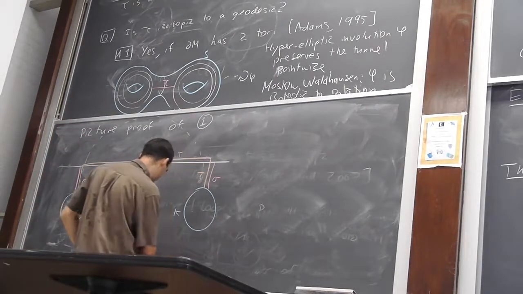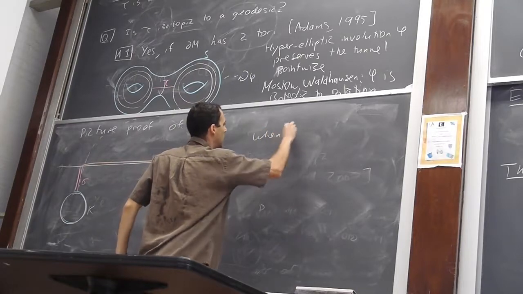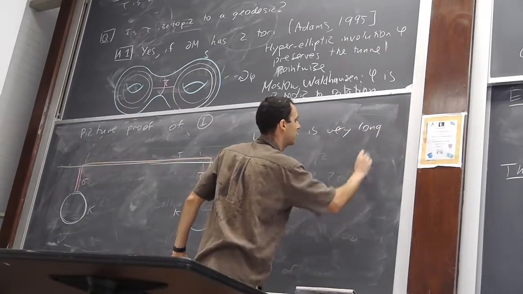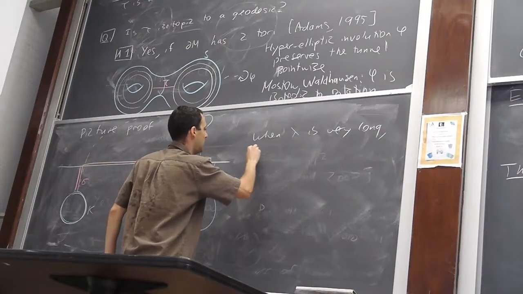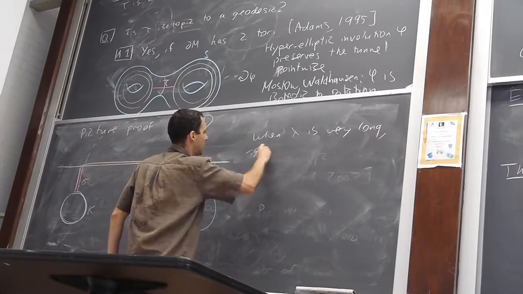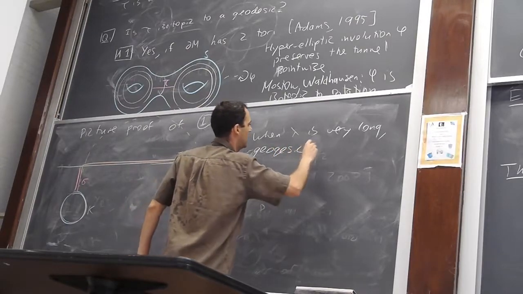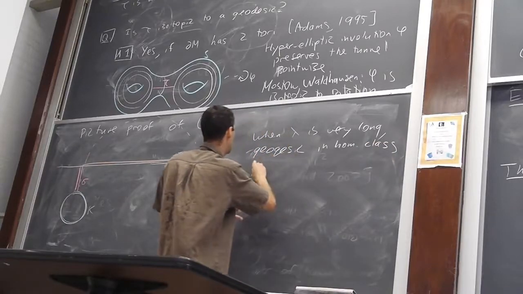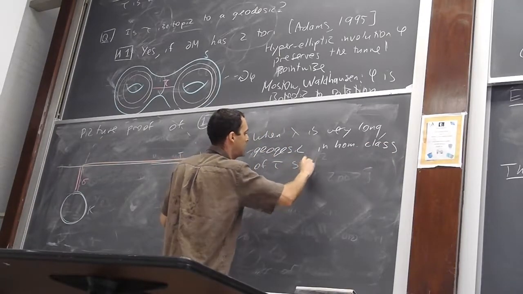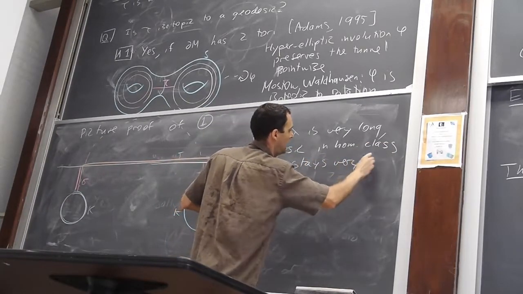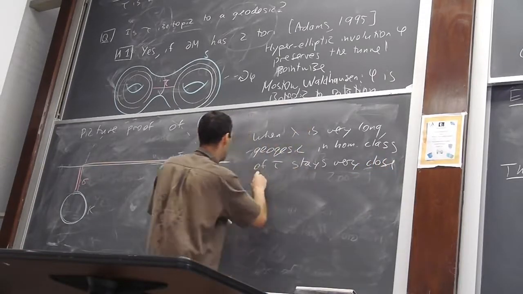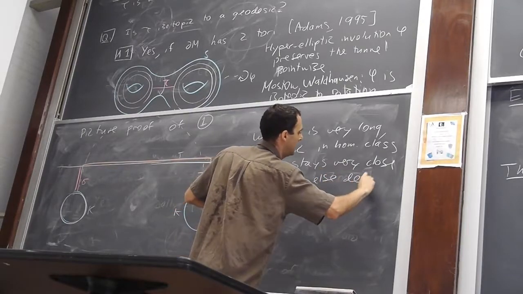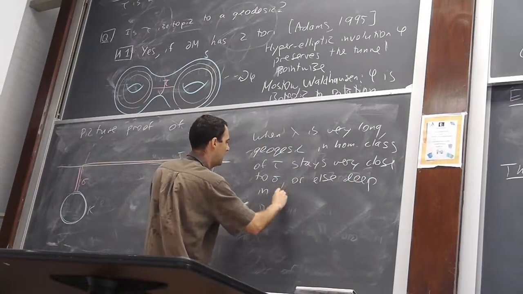So when that is long, the geodesic in the class of tau stays very close to sigma, or else deep in the cusp.